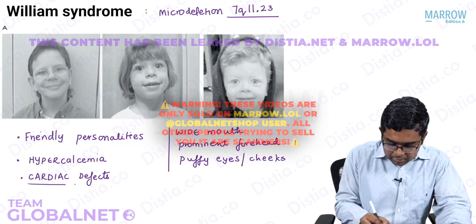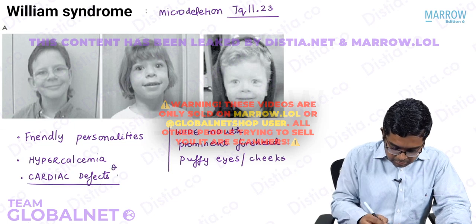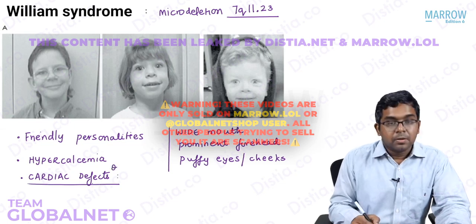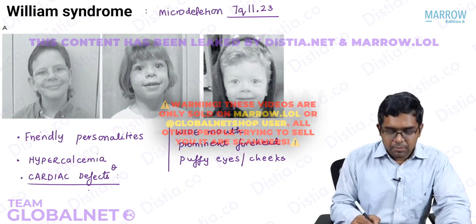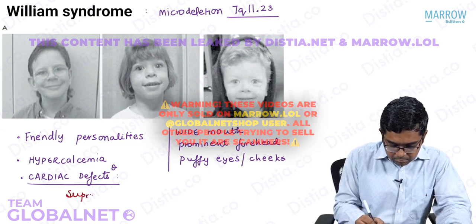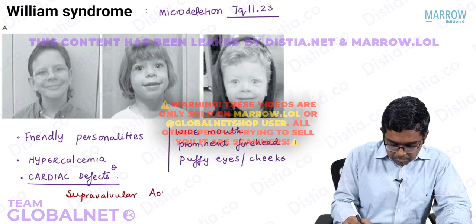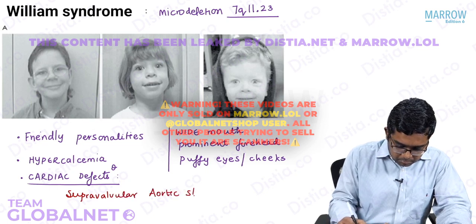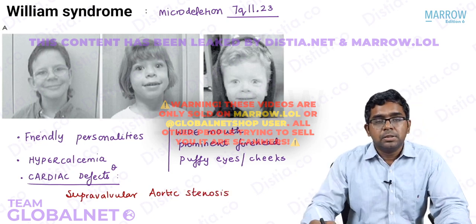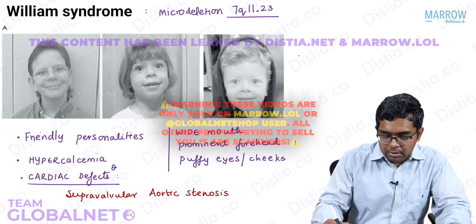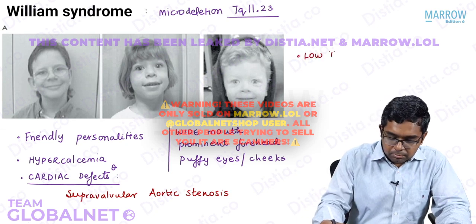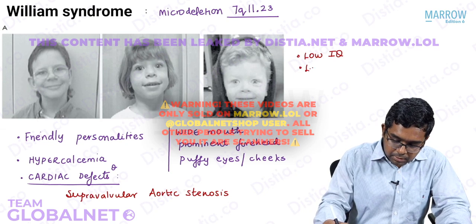The cardiac defect is a commonly asked exam question, and that is supravalvular aortic stenosis. In this condition also, like most other genetic disorders, they have low IQ and learning disabilities.